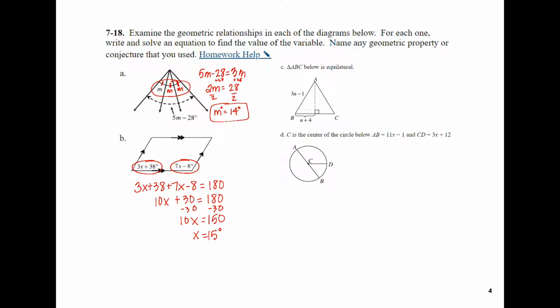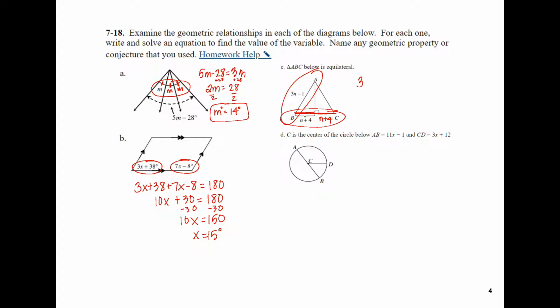When we look at C, it says triangle ABC below is an equilateral triangle. So in an equilateral triangle, we know that all of our sides are the same length. So by definition, if this half of our base is n plus 4, this half also needs to be n plus 4. And then this whole side BC should be equivalent to side AB.